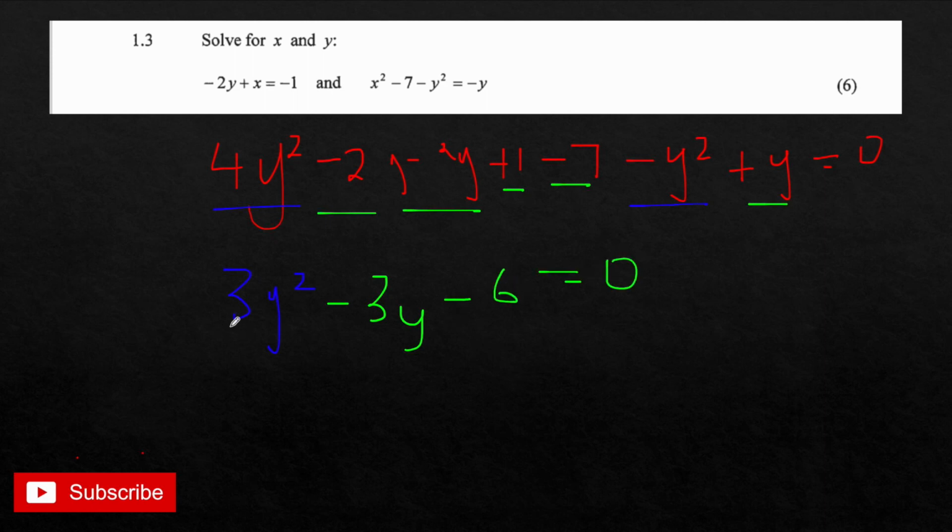So I can divide everything by 3 because I can see it's a common factor. Then I will get y squared minus y minus 2 is equal to 0. Then I can factorize.